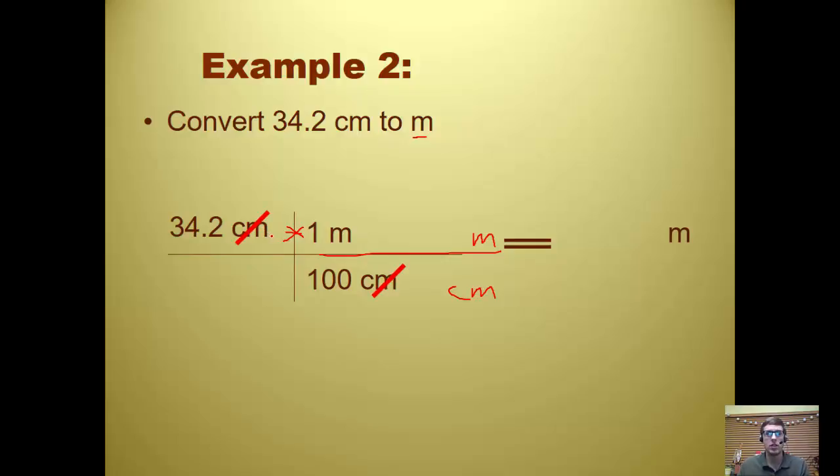This is great because our units are going to cancel. Centimeters cancel out, that equals 1. Then we do the math: 34.2 times 1, divided by 100 gives us our answer of 0.342.